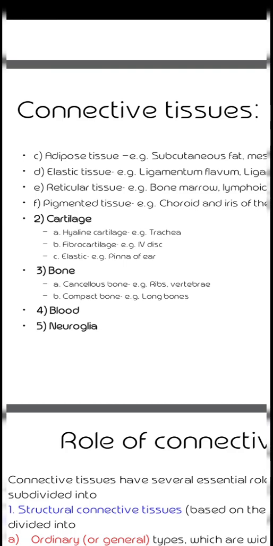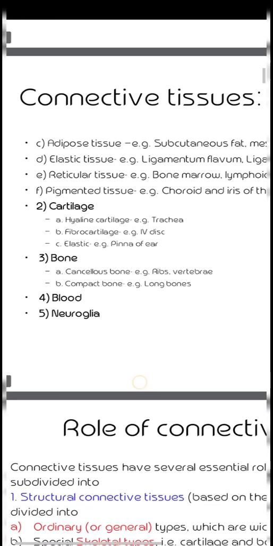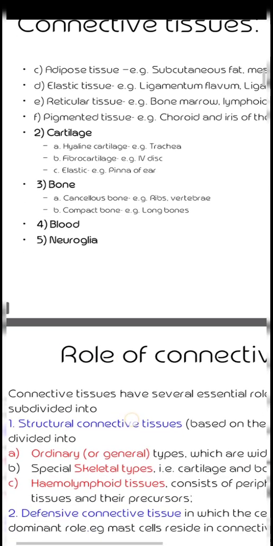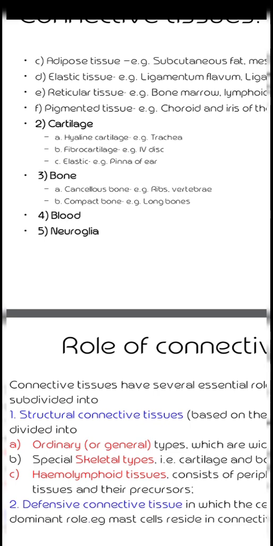As I explained to you earlier, there are 33 vertebrae in the back that contain the spinal cord, and in between those vertebrae, where they are attached to each other, there is a thin disc that is known as intervertebral disc, that is composed of fibrocartilage. Elastic cartilage is another type that forms the ear. The next type of connective tissue is bone.